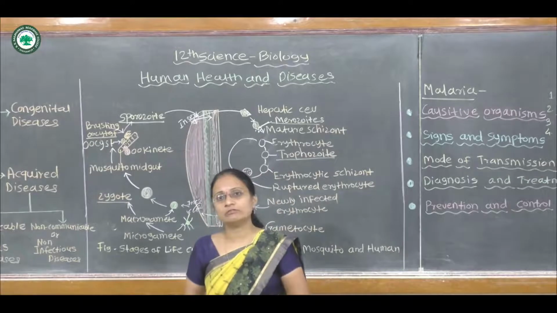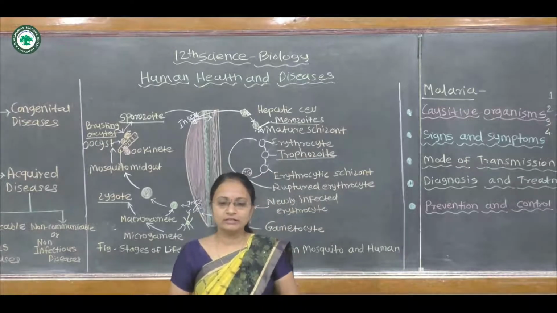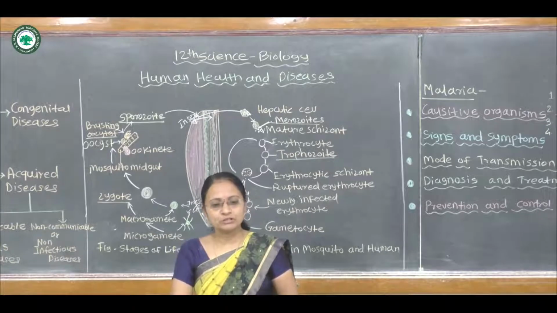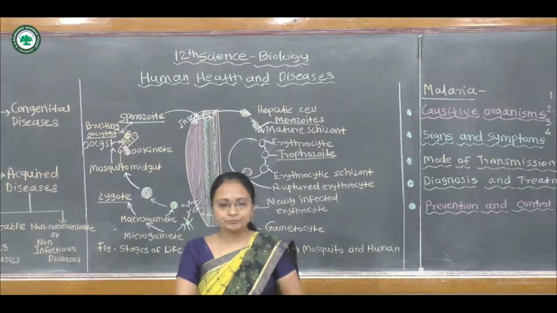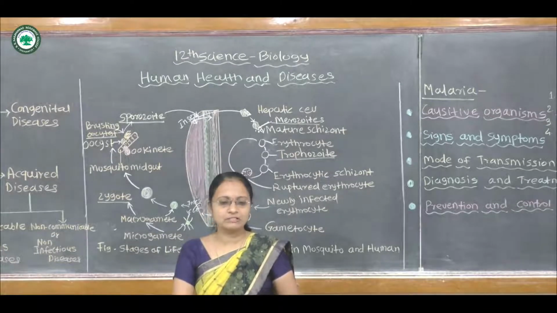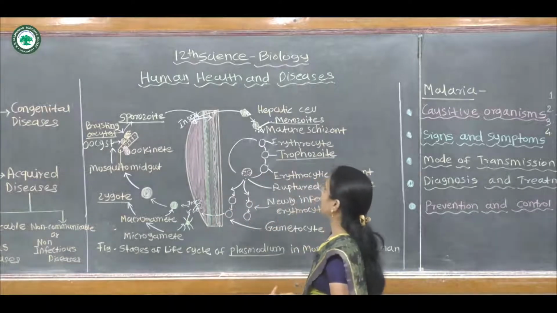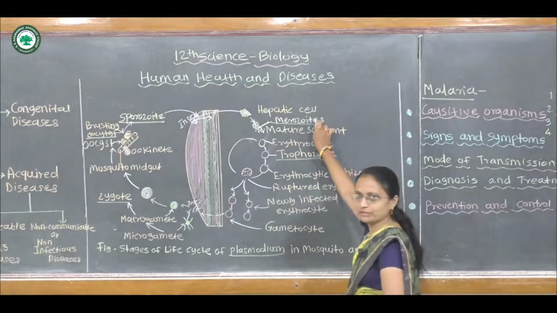Convulsions of the liver take place, and in the next stage the sporozoites reproduce asexually through fission in the liver cell or the erythrocyte, and the cells that get formed are the merozoites.